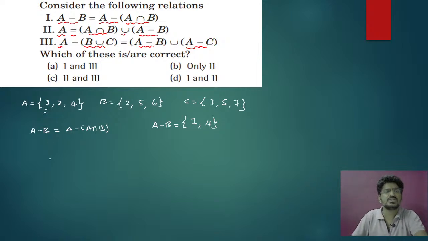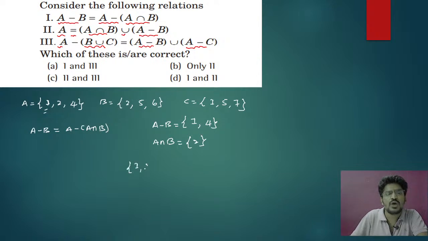And you can just see what is A intersection B. First you can calculate A intersection B. What is A intersection B? A intersection B is 2. Now you can see here, what is set A?